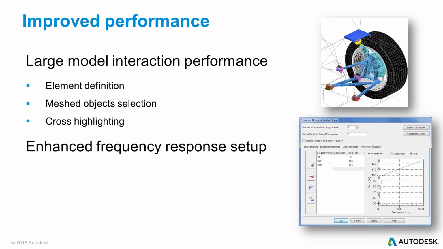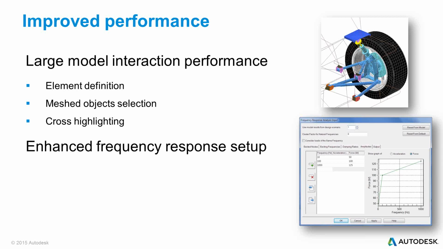This enhancement significantly decreases the time it takes for a given model to reappear in the display area after meshing has completed. In some cases, this is 1,000 times faster.